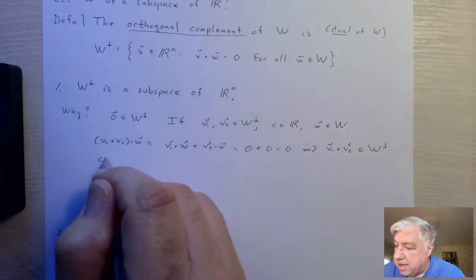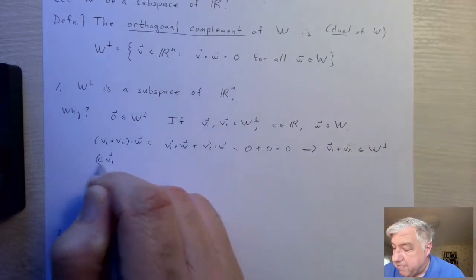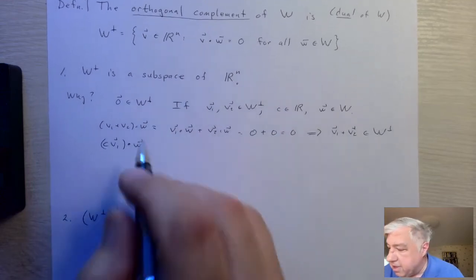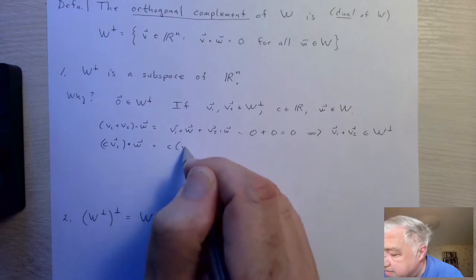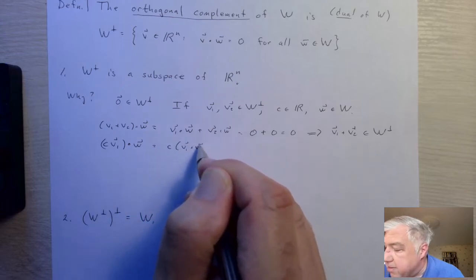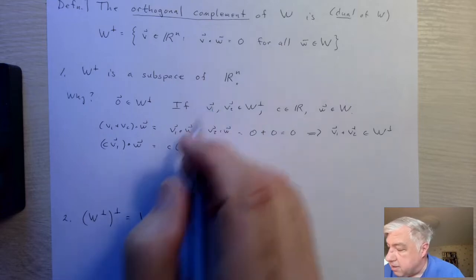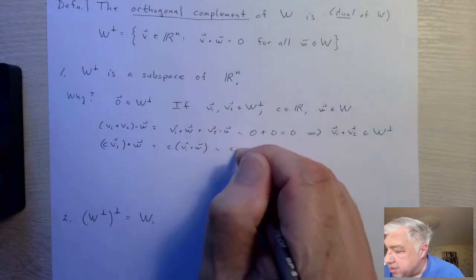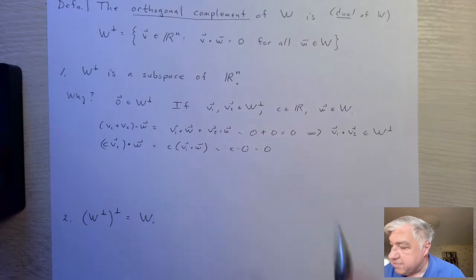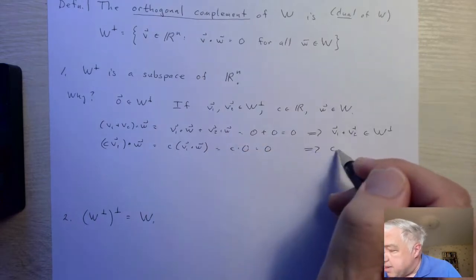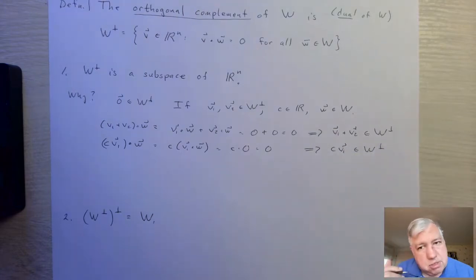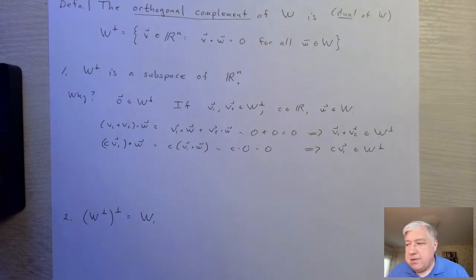And if we take c times v1 and take the dot product of that with little w, this is c times v1 dot w, which is just going to be c times 0, which is 0. So we can see that c v1 is also in W perp. So W perp is closed under vector addition and scalar multiplication, and thus it's a subspace.